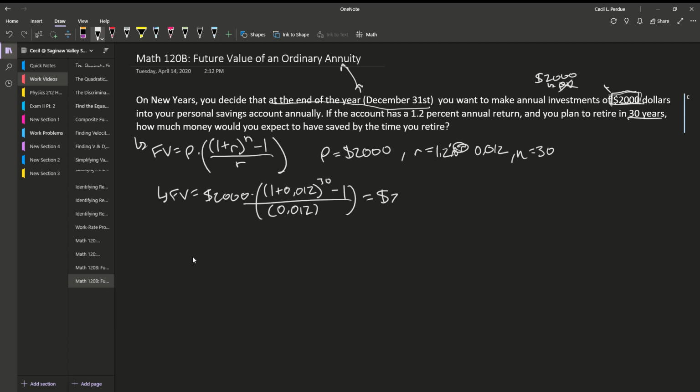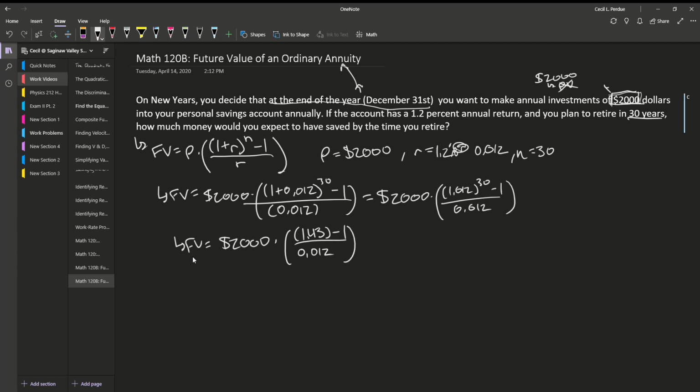That equals 2,000 multiplied by 1.012 to the power of 30 minus 1, all over 0.012, or our future value will be equal to 2,000 multiplied by, in the numerator, 1.43 minus 1, over 0.012, and that's equal to 2,000 multiplied by 35.855, and then a bunch of numbers after this.